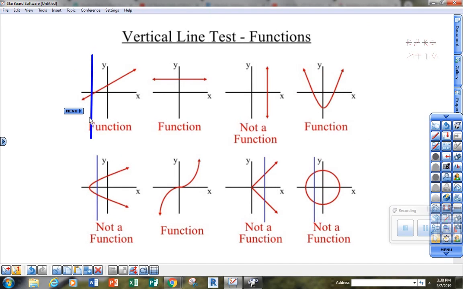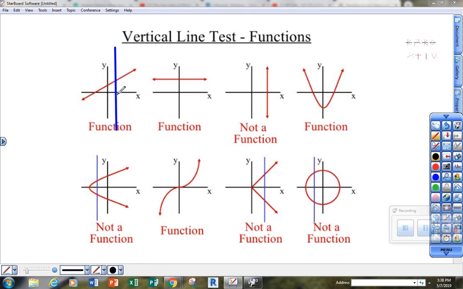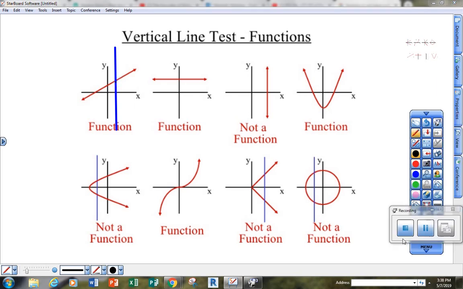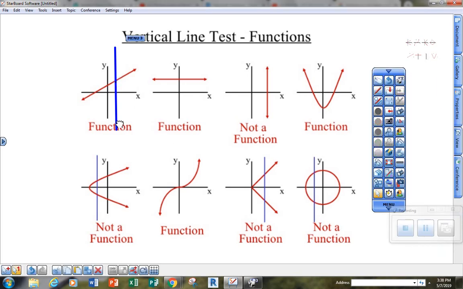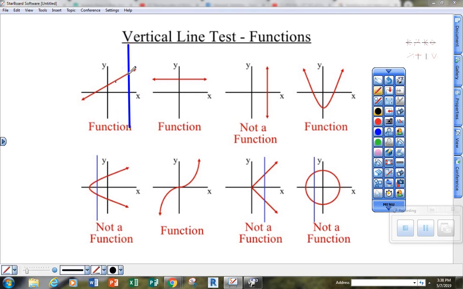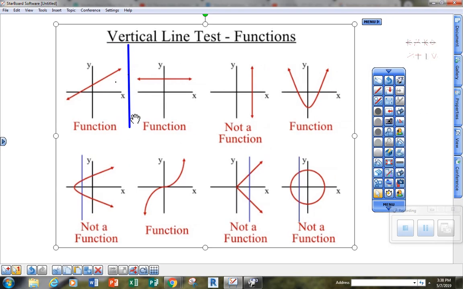And if the vertical line that you draw through your graph touches your graph in only one spot as you go from left to right, that's showing for every input I got a different output, like maybe over 3 up 6. But then when I shift it over a little bit, I get a different input, maybe over 7 up 10 or something. Same input, different outputs. So again, looking for the vertical line test.